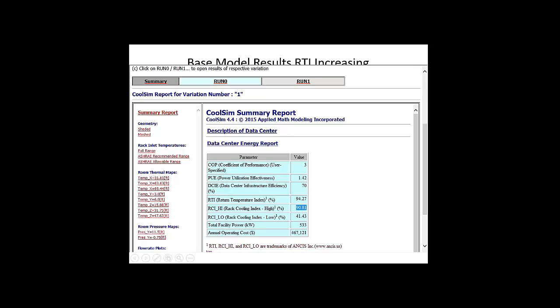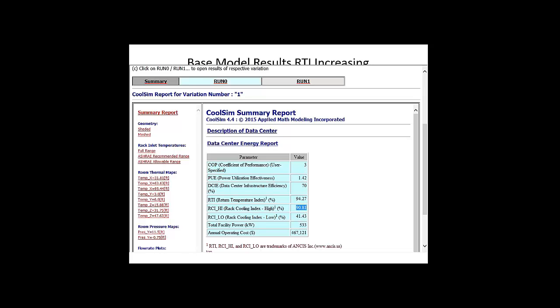This is the interaction between these two, and it becomes the first place you go. How high can I drive RTI before RCI starts to get in trouble? And also we can add there, if it's impossible in one particular design to get these to go in the right direction, the reason is most likely that it's very poor air management in the space.